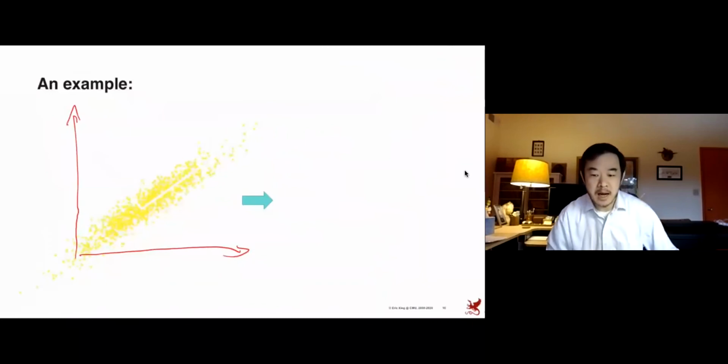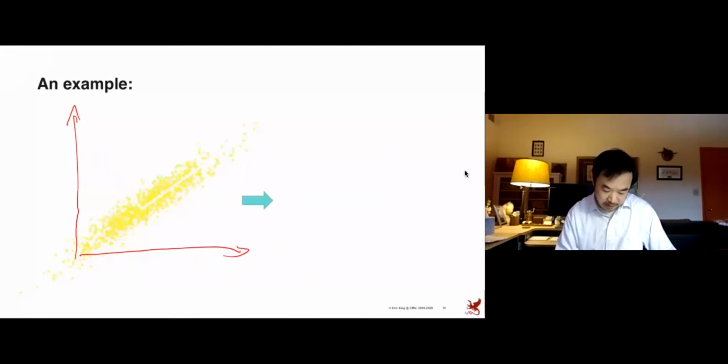If I ask you to save some effort and find one direction to project the data, you are only allowed to use one number rather than two coordinates to express the same data set. Then you need to find a direction that could express the data in a more compressed fashion.